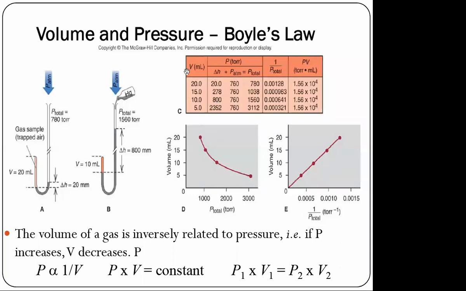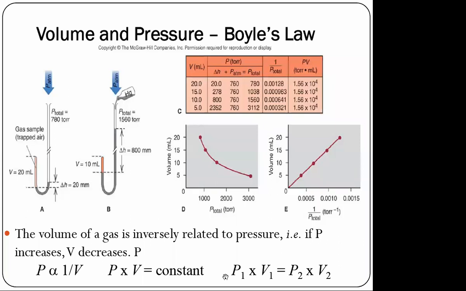And it is inversely proportional to P. So a plot of volume against pressure will give you a negative slope showing inverse proportionality, but a plot of volume against 1 over pressure will give you a positive slope because it is directly proportional to 1 over P, but inversely proportional to pressure.